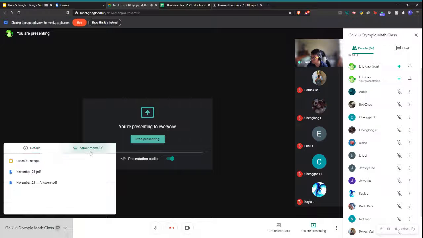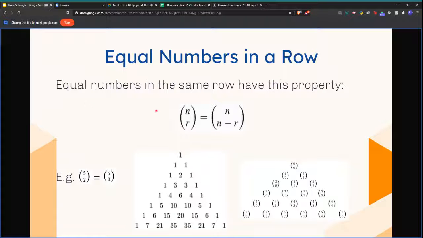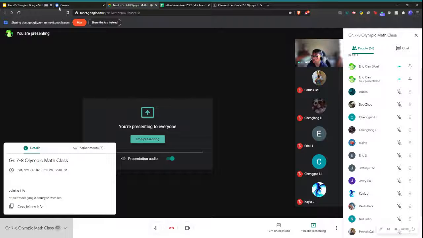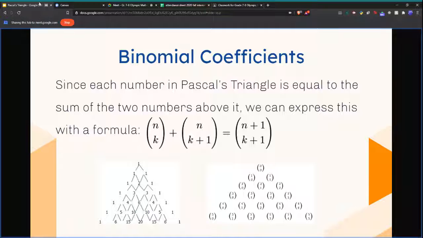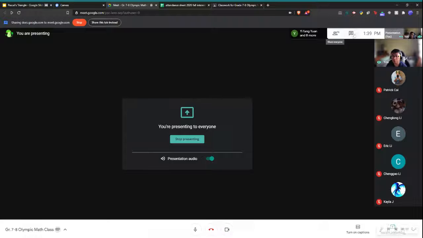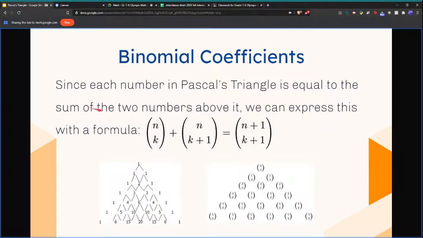Okay, let's look at the next property. We have binomial coefficients. So what is this? We know that in Pascal's triangle, like how we construct it, we have two numbers on the top that add together to get a number below it, in between.